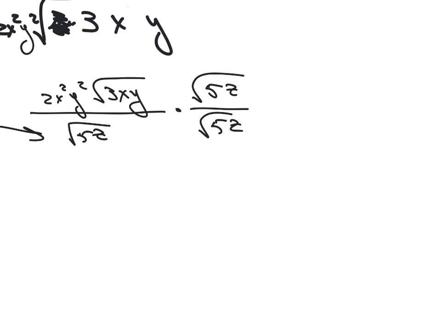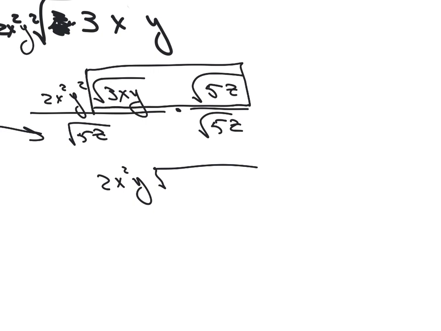And when we do that, that gives us 2x squared y times the square root of, okay, so this is the nice thing about radicals. We can multiply all that together. We just put it all under a square root sign. 3 times 5 is 15.